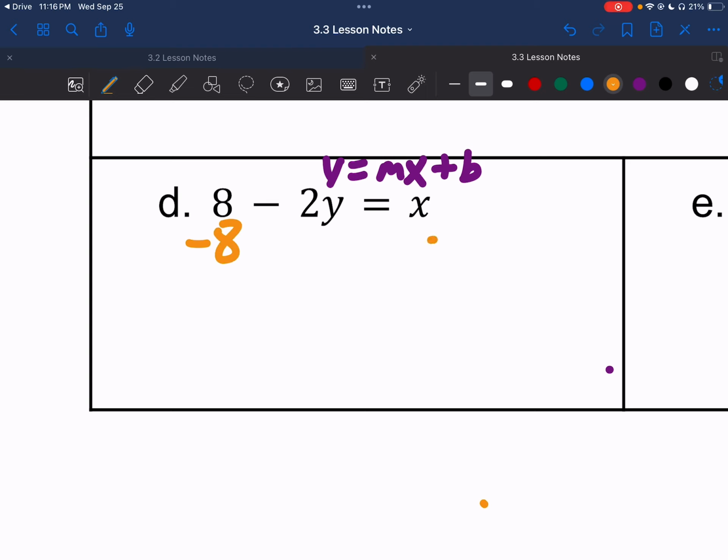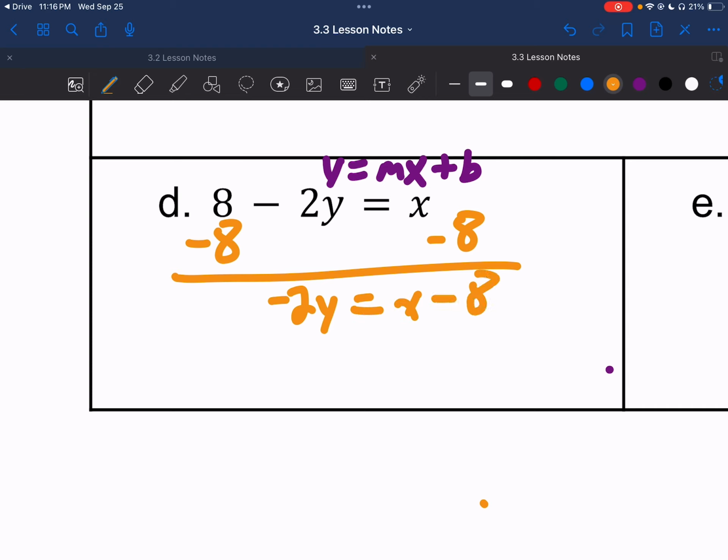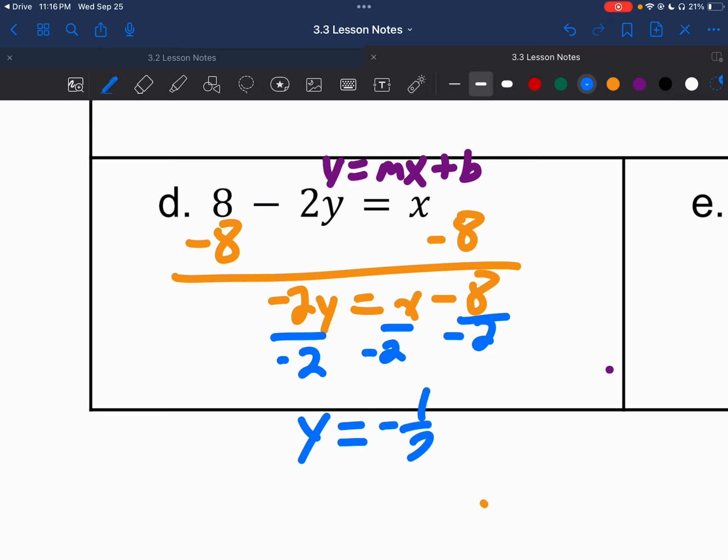So we subtract 8 from both sides, and we have -2y = x - 8. Then we're going to divide by -2. And we get y = -1/2 x + 4. Now that certainly looks like it's in slope-intercept form, so that is linear.